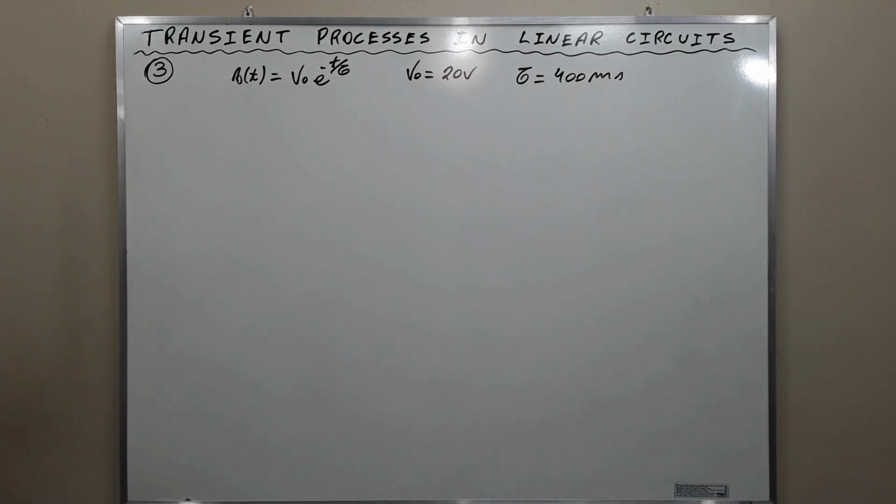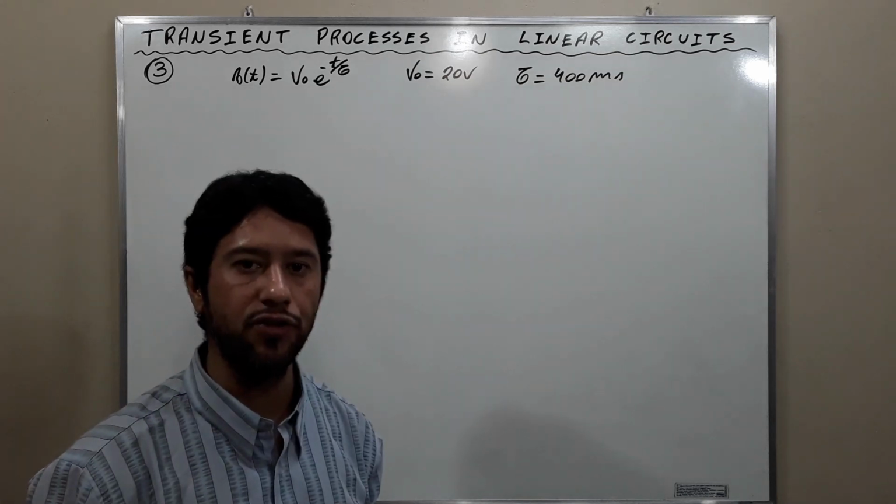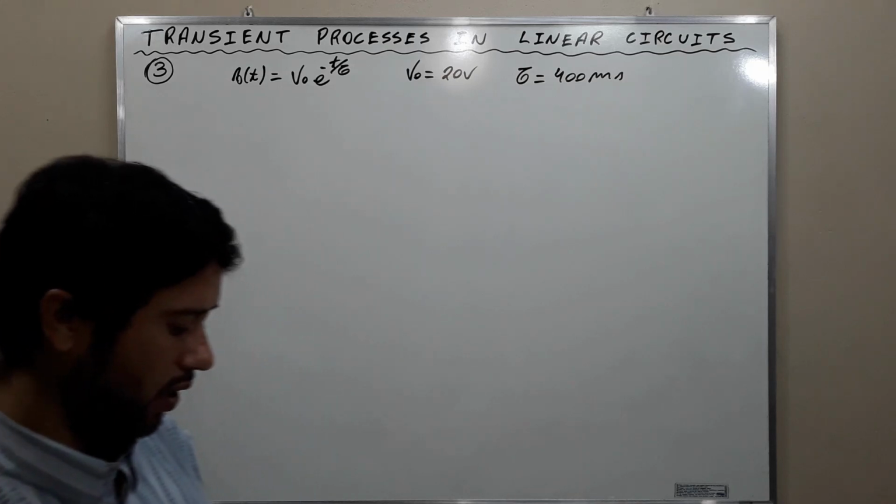If the digital circuit triggered voltage is 2 volts, what is the time needed for the decaying voltage to reach the trigger voltage? Okay, my friends, that's the question. Let's go to the solution.